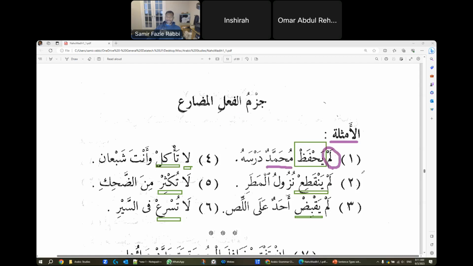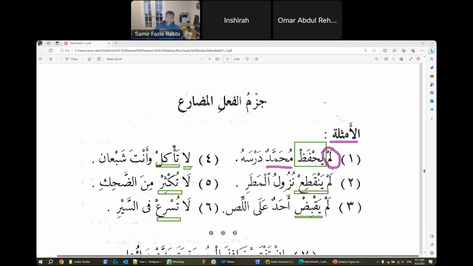Lam means did not. Darsahu is the maf'ul bihi, which we know from this fatha here, and it's mansub with the fatha. Muhammadun is the fa'il, and it's marfu' with the dhamma here.